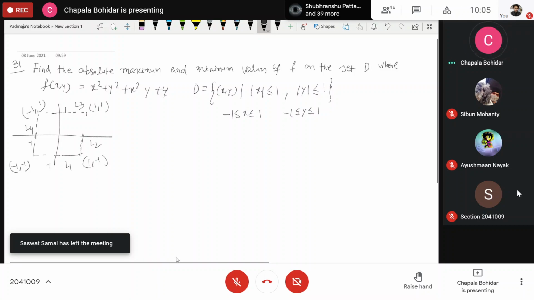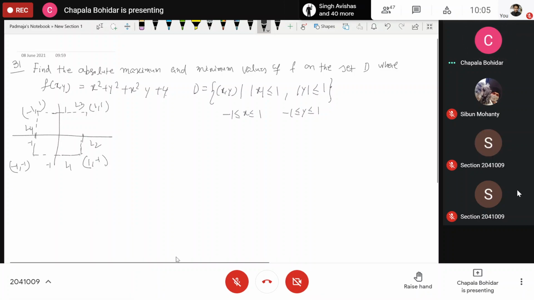For that we find fx and fy. fx is equal to 2x plus 2xy equal to 0. fy is equal to 2y plus x square equal to 0.